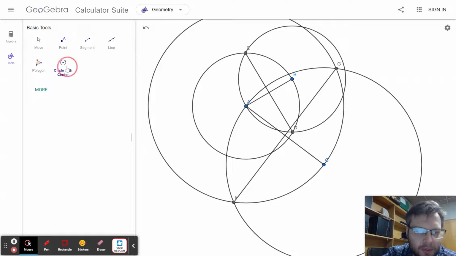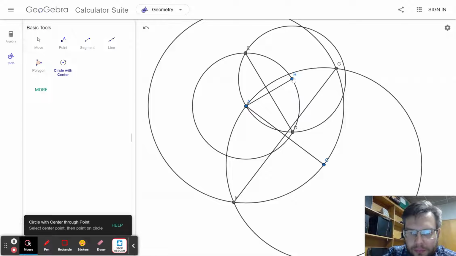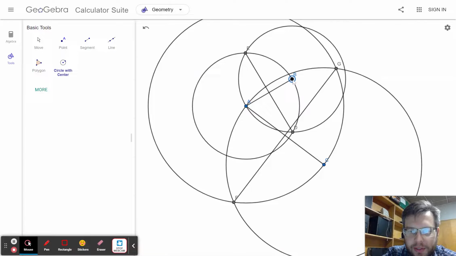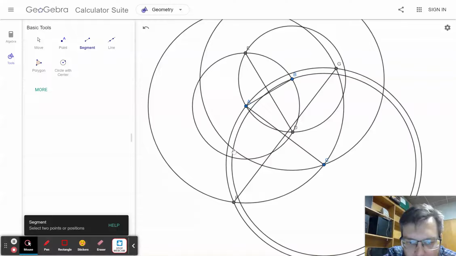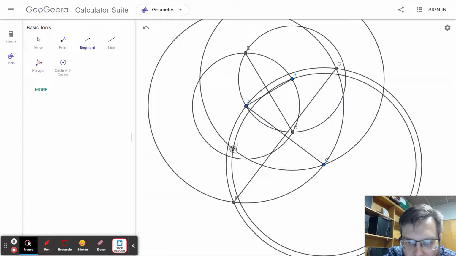Let's play that same game one more time. We've got a center of B coming out to point C. We've got a center of C coming out to point B. And we've got those two circles intersecting here. And where's the other point that they intersect?